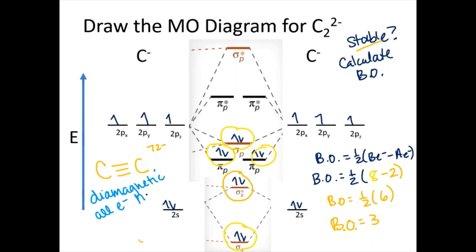All electrons have pairs. Okay, and there's a triple bond. So is it stable? Yes, it's very, very stable. Are there any questions about this one?